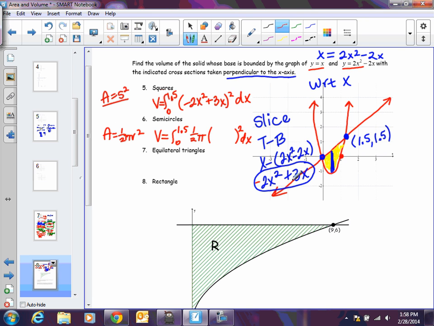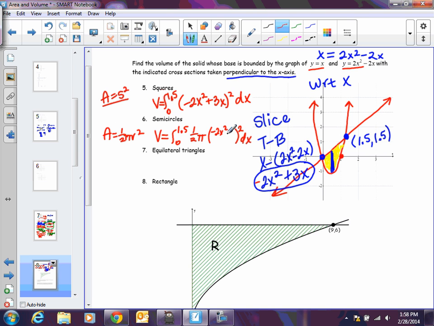Is it the slice? If there's a little semicircle that's peeking out right here, the base of the semicircle, that's not the radius. What is that? As far as the circle goes, it's the diameter. So if I know how long that is, I've got to divide by 2.